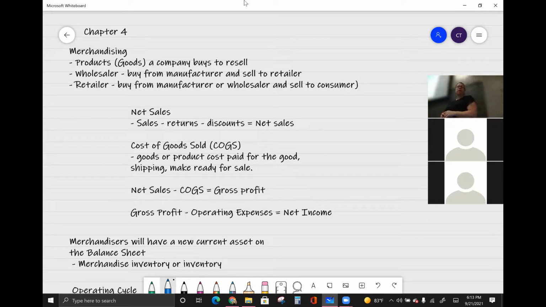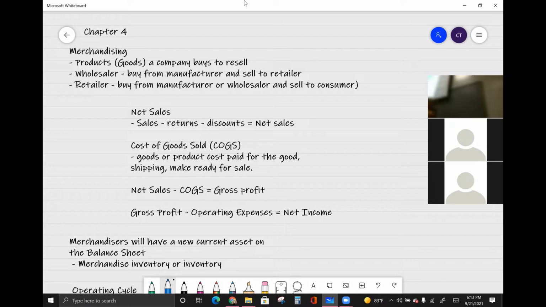Then we have gross profit. Net sales, which is my sales less my discounts and allowances, minus my cost of goods sold is going to give me my gross profit. On the income statement that we've been looking at, we'll see revenues and then we'll see expenses.